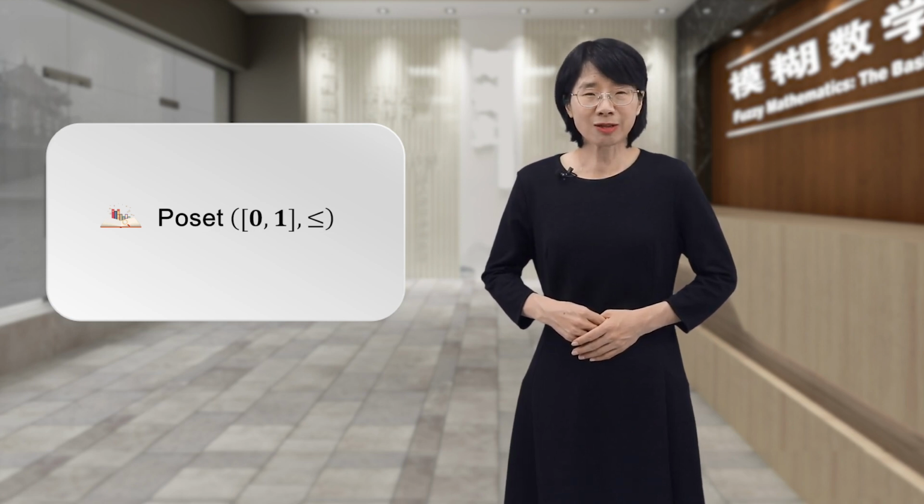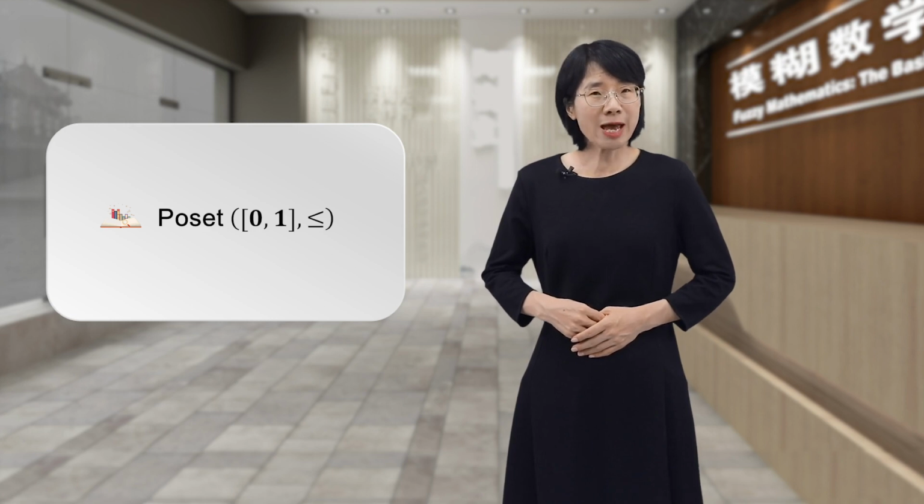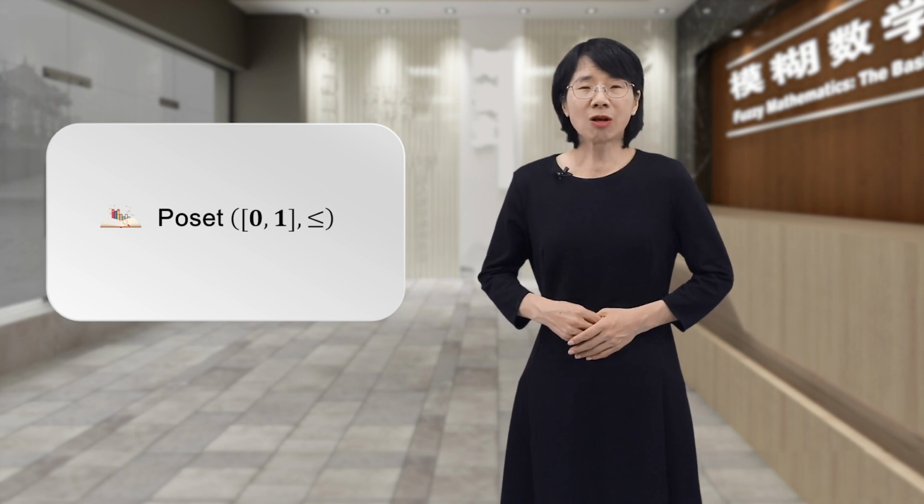To be specific, is it a lattice? If it is, what's the algebraic structure induced by this lattice? Is it distributive? Is it infinite distributive? Is it complete? Is it dense? And so forth.